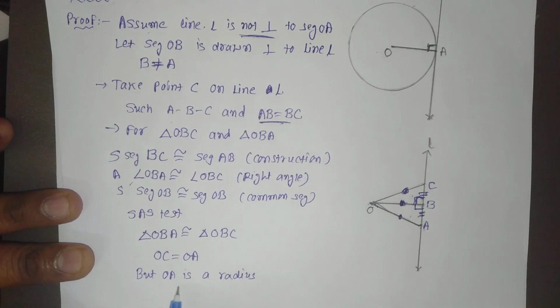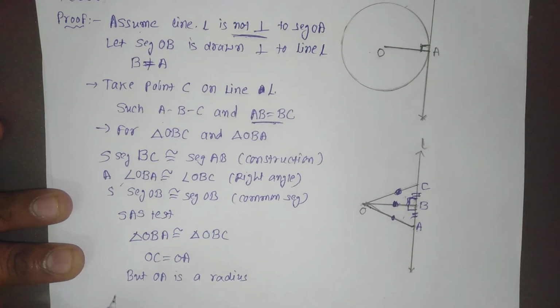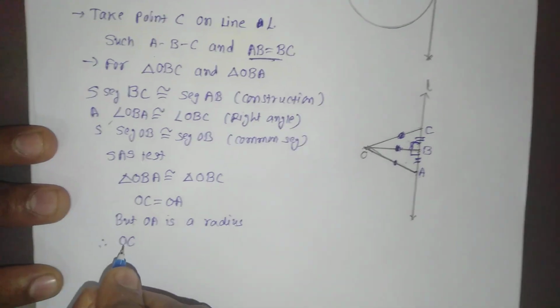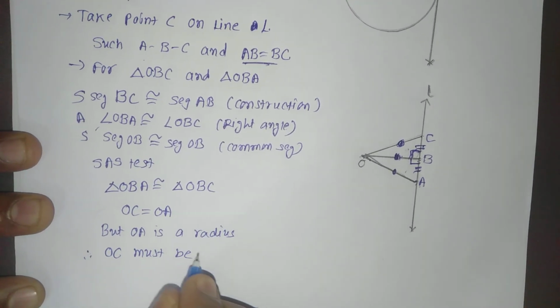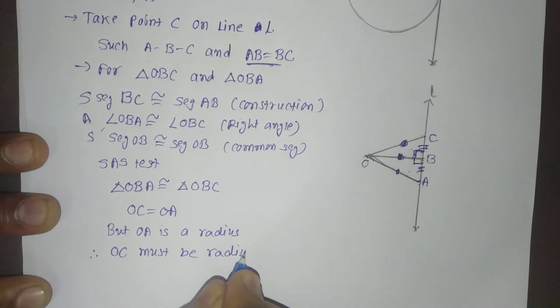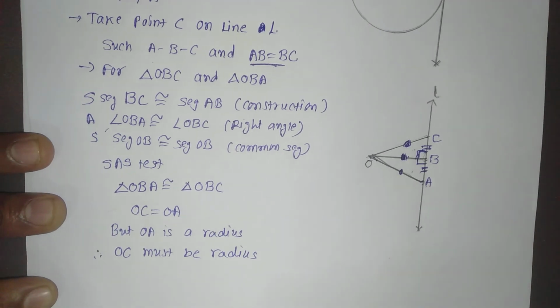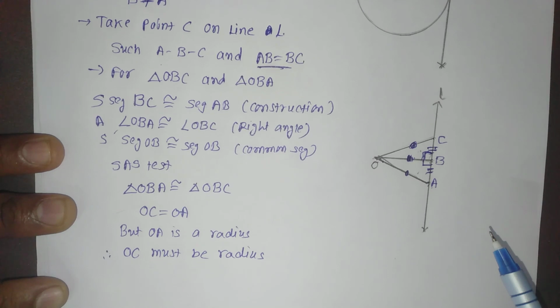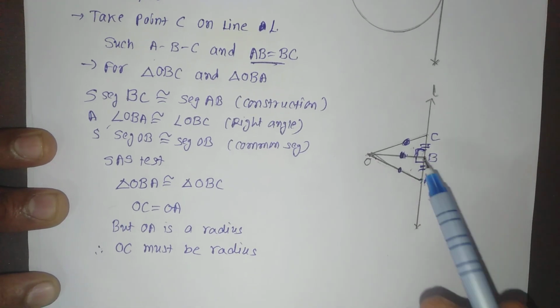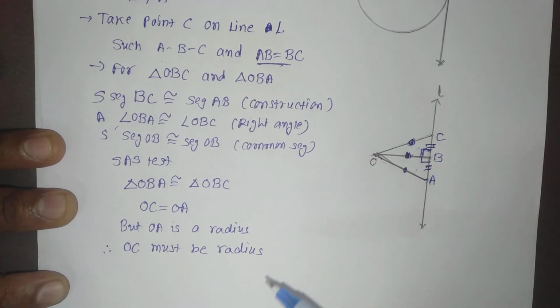So I can say that OA is a radius, therefore OC must also be a radius. Why are both radii? Because the radius of the same circle is of the same measure. OA and OC are equal. It means both are radii of the same circle.